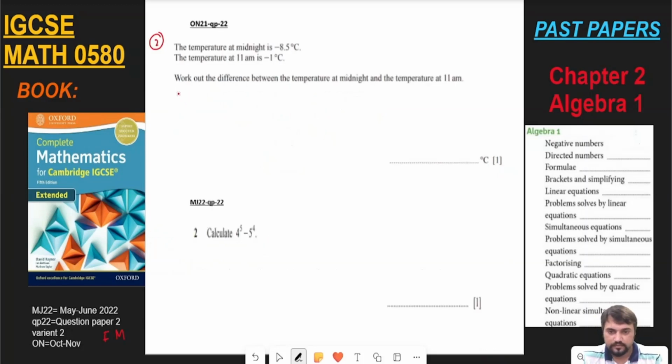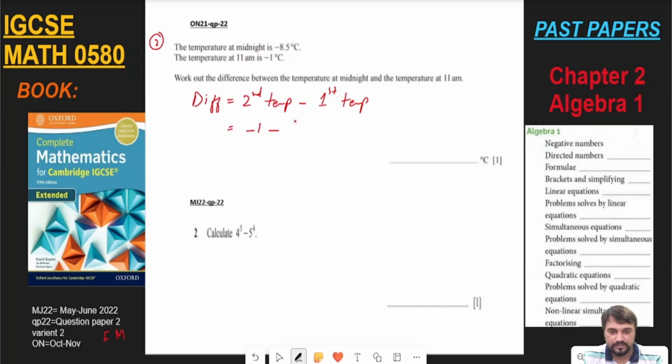This is again a similar process. After writing the difference formula, that is second temperature minus first temperature, this is our formula to calculate the difference in temperature. What is the second temperature? Minus 1 degree Celsius.